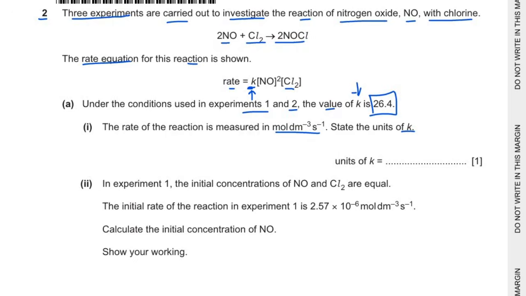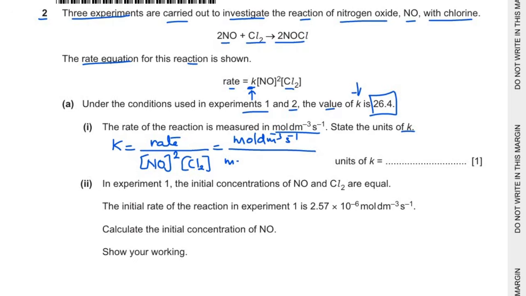Now if we rearrange to make k the subject, then we have k equal to the rate upon the concentration of NO to the power of 2 into the concentration of chlorine. Now rate is measured in mole per dm cube per second, but the concentration of NO to the power 2 has to be mole square dm power minus 6, and the concentration of chlorine is again moles per dm cube.